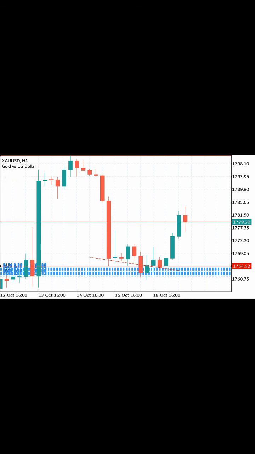Then we have all these three candles that were going on high. So that is how I caught the gold long, and currently it is still rising.